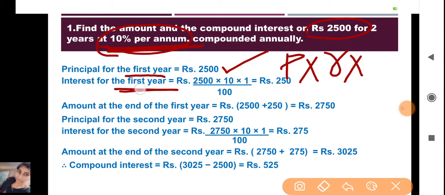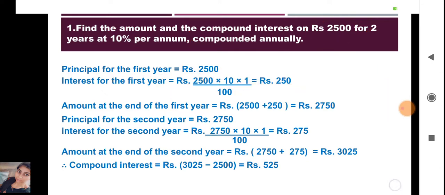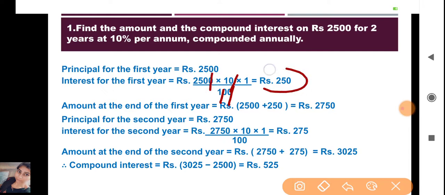I have mentioned here first year, so P into R into 1 by 100. Your P is 2500, your R is 10, T is 1 because it is for the first year. Now this is 2500 into 10 into 1, so 00 cancel, 00 cancel, so you get 250. So this 250 is the interest for the first year.